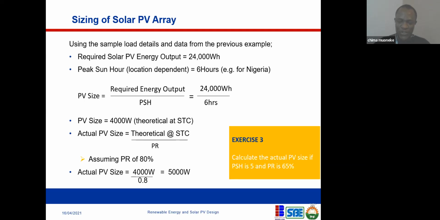So you need to connect two of them in series to get 24 volts. Then if you need to increase your amperage, you don't connect them in series anymore. Rather, you connect them in parallel. So you have two PV modules connected in series, then you can have maybe about 6 of the series connected in parallel.